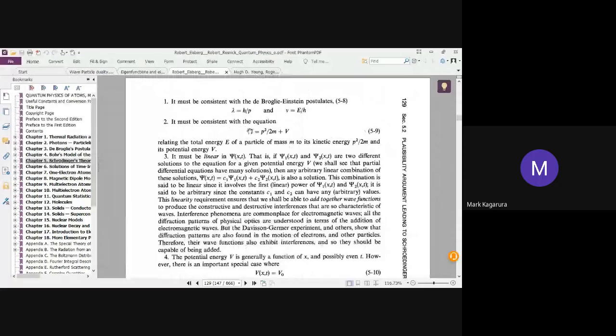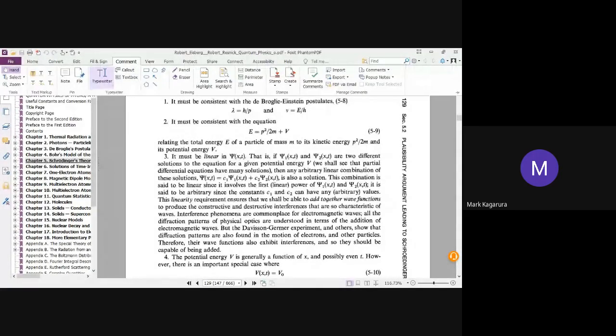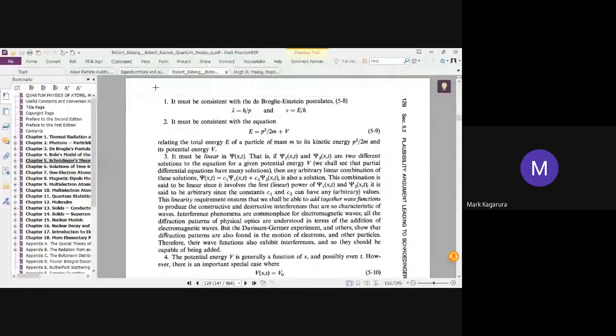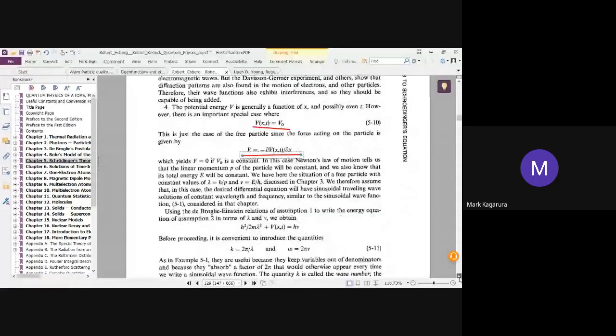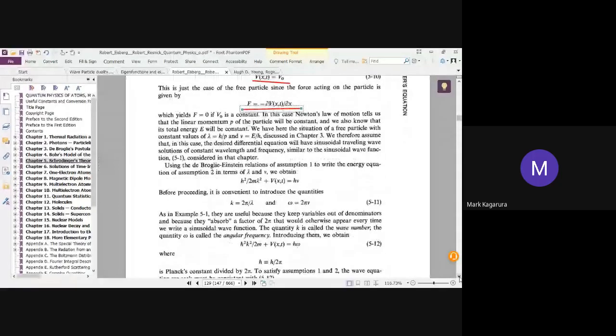P squared over 2m, then they define the potential, and then F is equal to negative dV/dx, and then use the de Broglie relationship, lambda is h over p, and then Planck's nu is equal to E over h.